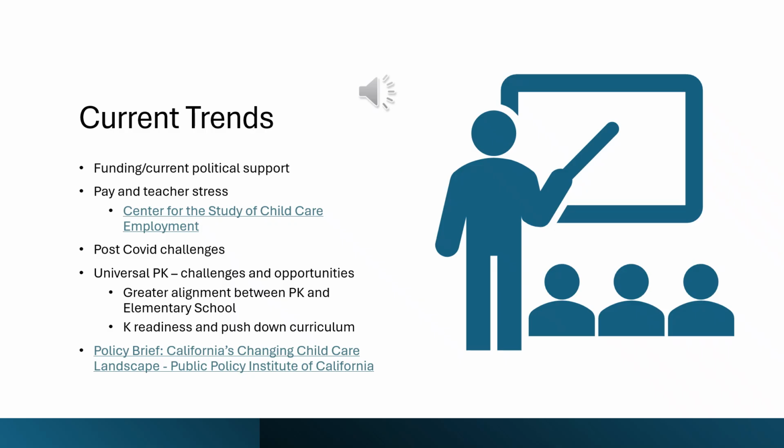We also have to figure out how to have better alignment between early childhood and elementary school. A lot of times when elementary schools get involved in the early childhood landscape, they start pushing their curriculum down younger and younger. So I was a kindergarten teacher about 30 years ago, and what I did in first grade back in the day is now what kindergartners and transitional kindergartners and preschoolers do.